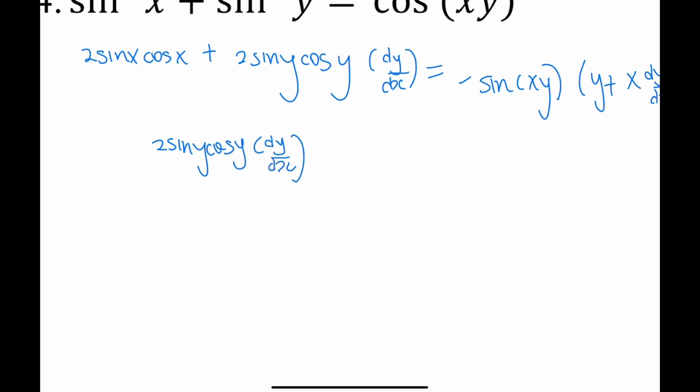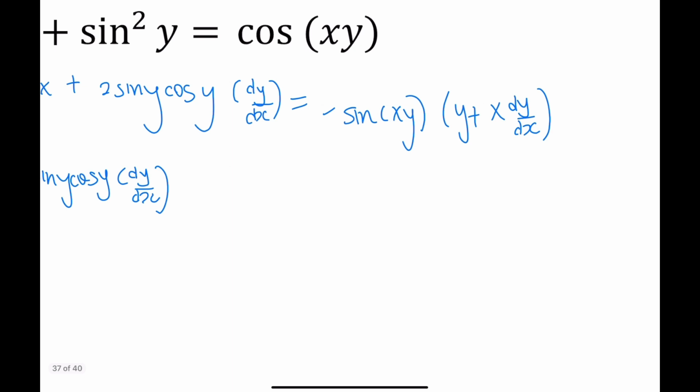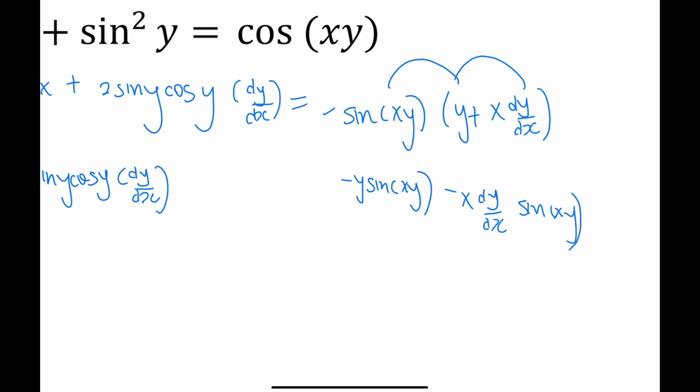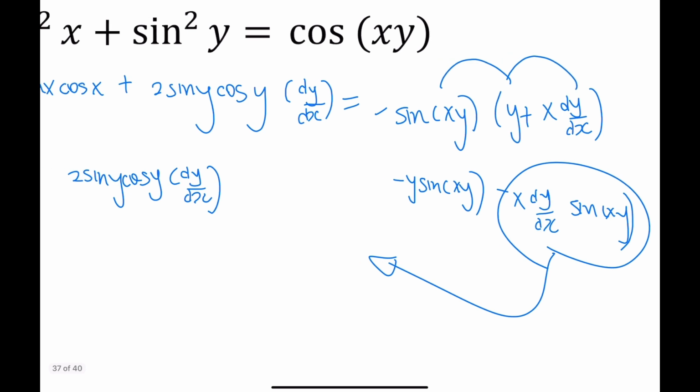And then we're going to try to distribute this out. So negative y sine xy, and then negative x dy over dx sine xy, right? So let's just try to put this part on the other side.